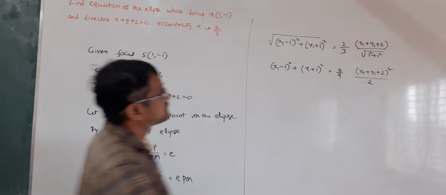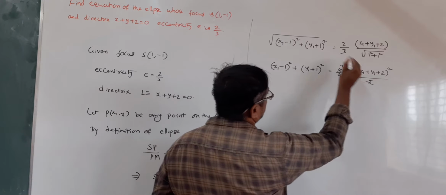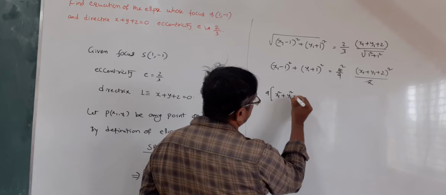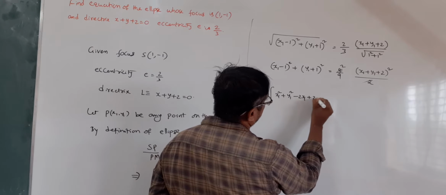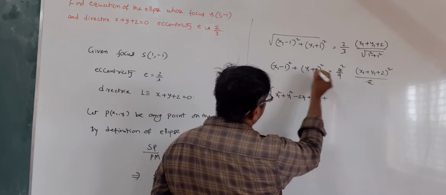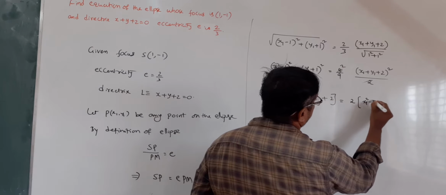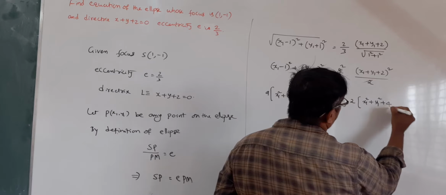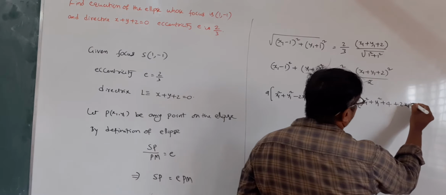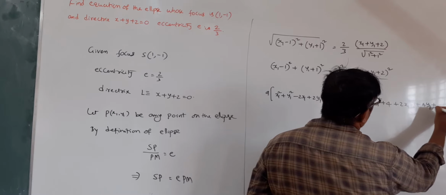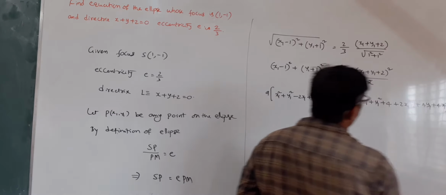Now 2 2s are cancelled, so 9 into x1 square plus y1 square minus 2x1 plus 2y1 plus 1 plus 1, it will be 2, is equal to 2 into x1 square plus y1 square plus 4 plus 2x1y1 plus 4y1 plus 4x1.